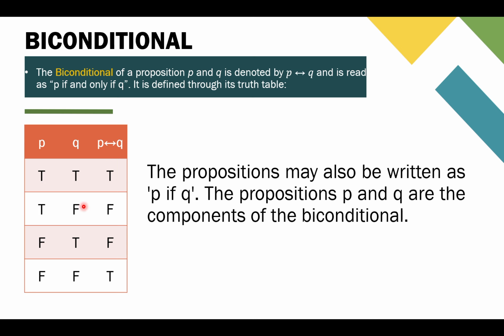And if either of the two is false, it becomes false. And if both are false, that would be true. So the proposition may also be written as P if Q. The propositions P and Q are the components of the biconditional.